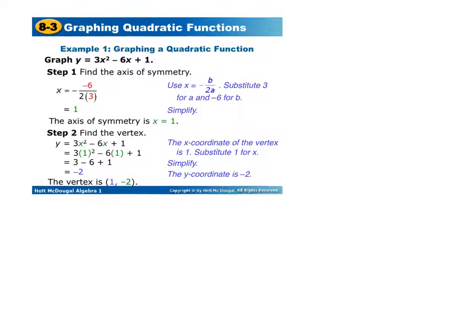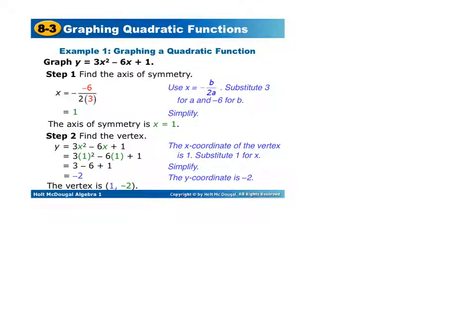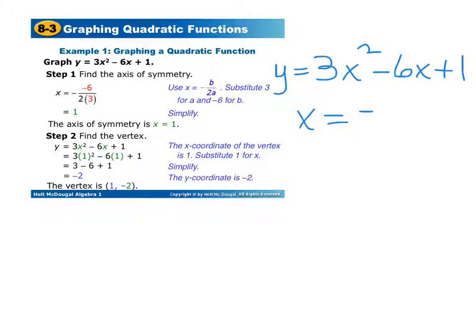So let's go ahead and work through this. We have y equals 3x squared minus 6x plus 1. The first thing we need to do is find the axis of symmetry, so I'm going to use my negative b over 2a. I'm going to identify my a term and my b.